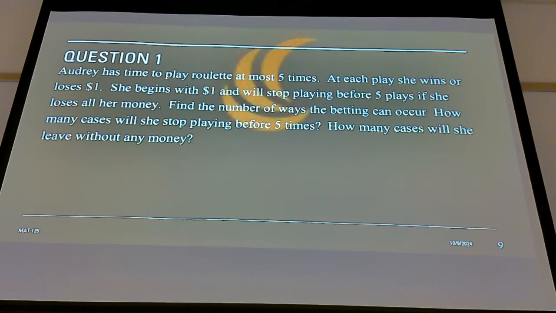Also not how roulette works, but. She begins with $1 and will stop playing before 5 plays if she loses all of her money. Find the number of ways the betting can occur. How many cases will she stop playing before 5 times? How many cases will she leave without any money?